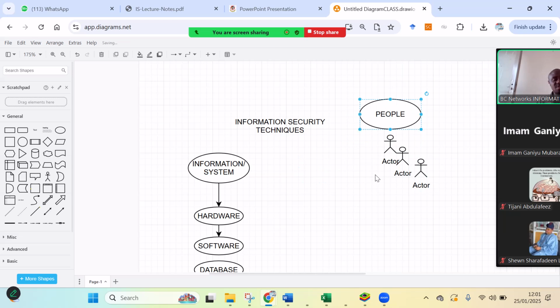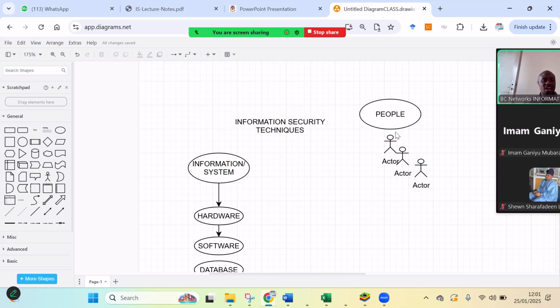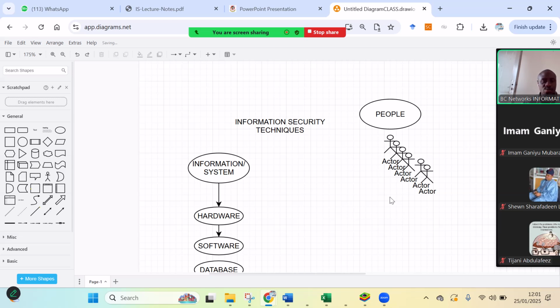And when we have these people, we also need to consider the fact that these are the people we know. We still have some other people which are more general that can become a threat to the information system. So maybe we call these people third party.